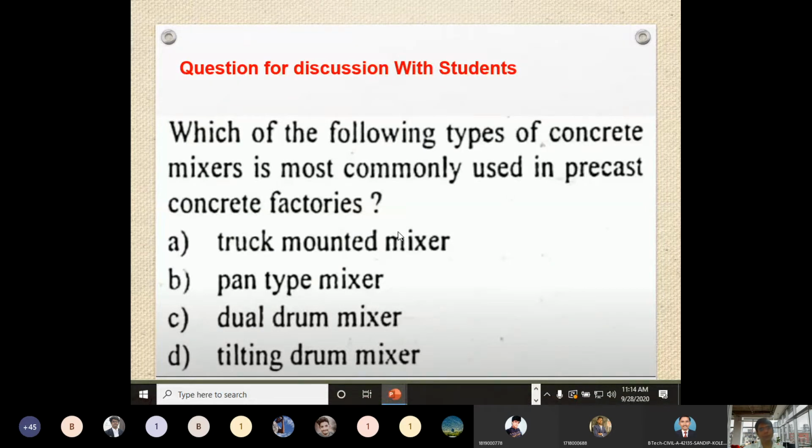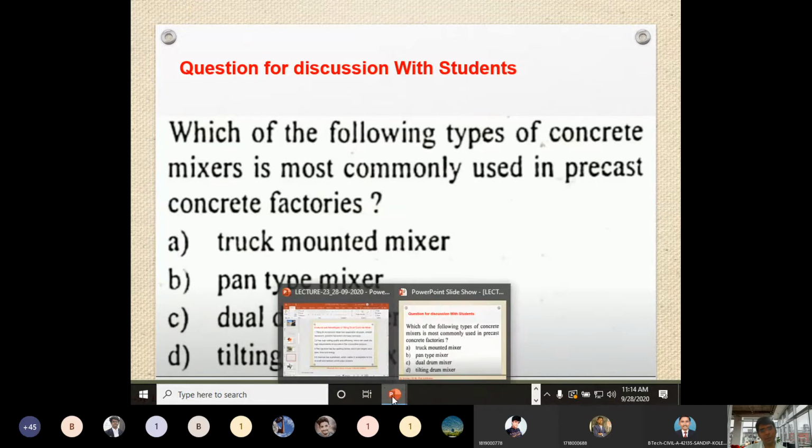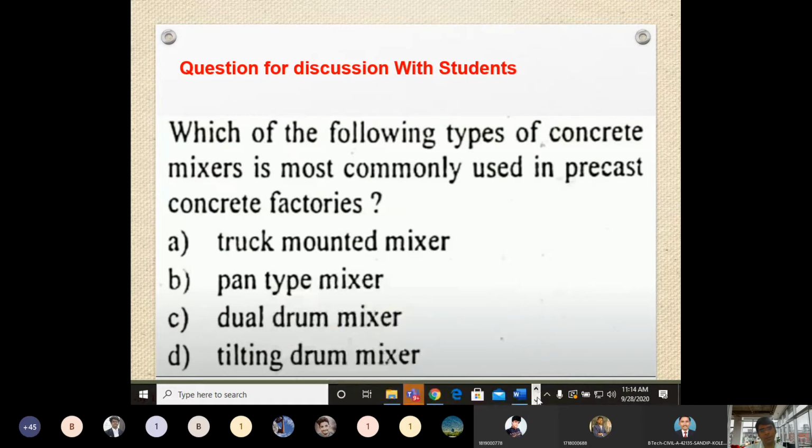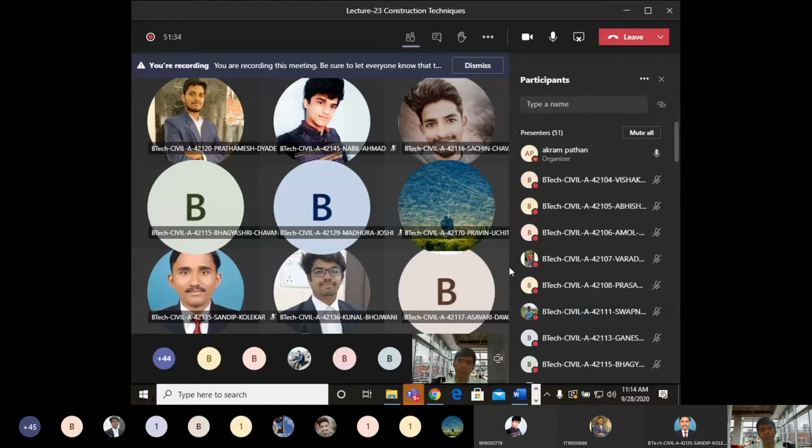Unless and until you show your interest, the teaching and learning process is in a little bit of trouble.